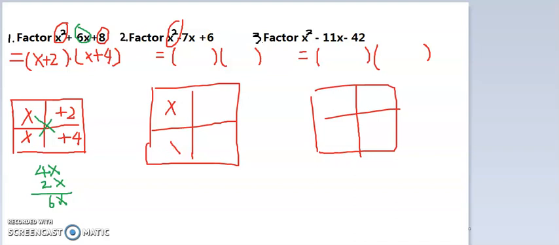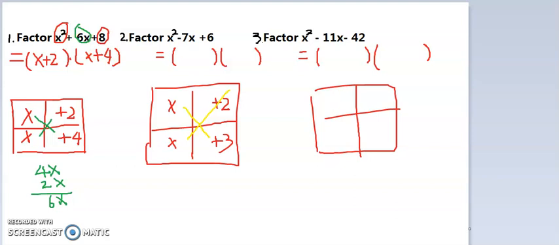If I try 2 times 3, positive 2 times positive 3, and do the cross multiply, as you can see, that gives us 3x, and that gives us 2x. And 3x plus 2x is positive 5x. That won't work. So that means 2 and 3 doesn't work.